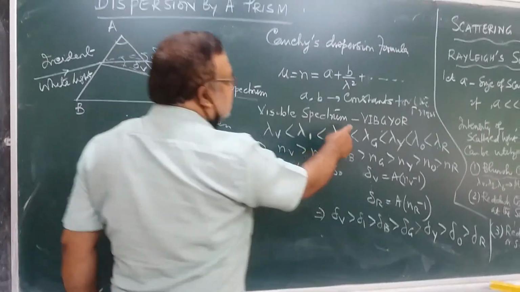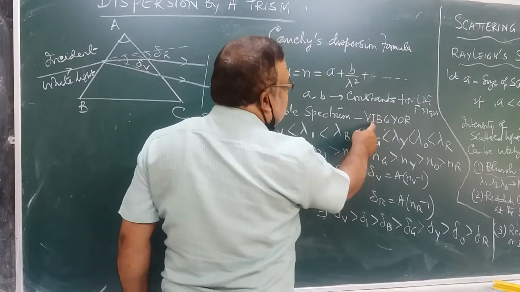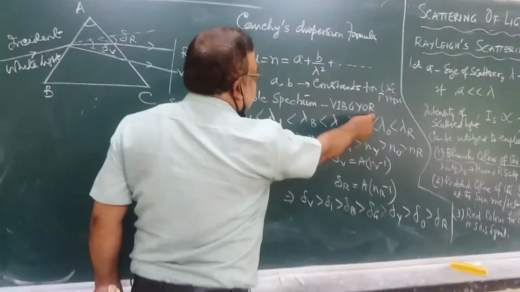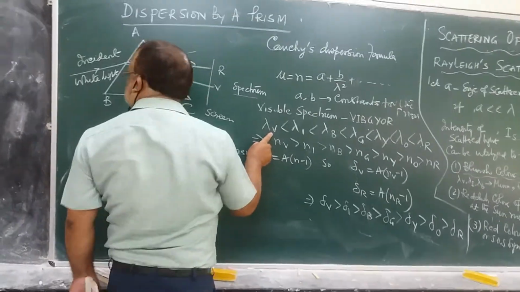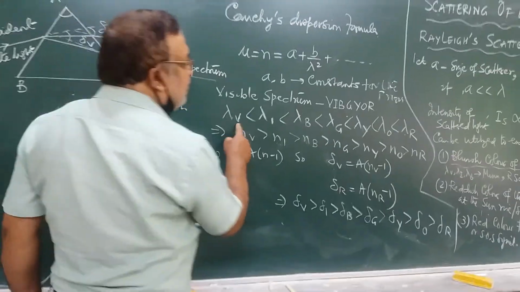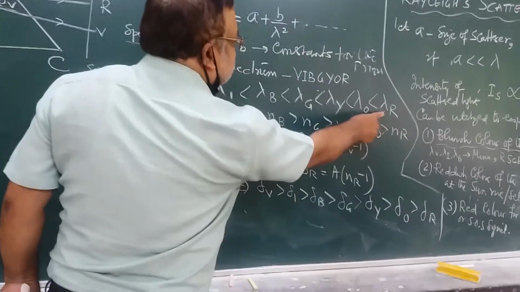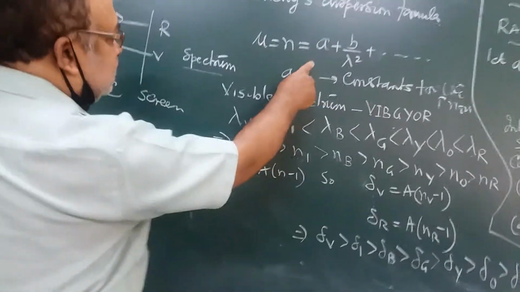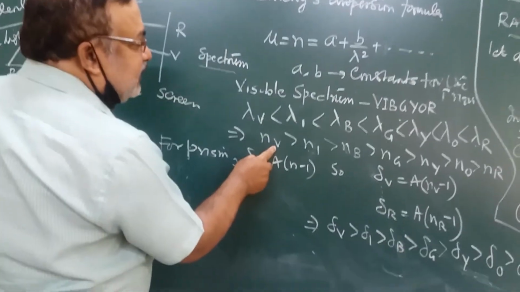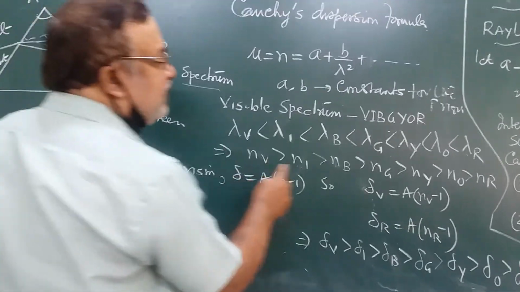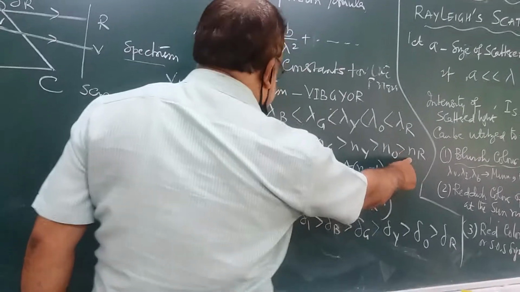In the visible spectrum we have 7 colors: violet, indigo, blue, green, yellow, orange, red. The wavelength of violet is minimum and the wavelength of red is maximum. So according to this relation, for the same material, the refractive index is maximum for violet and minimum for red.